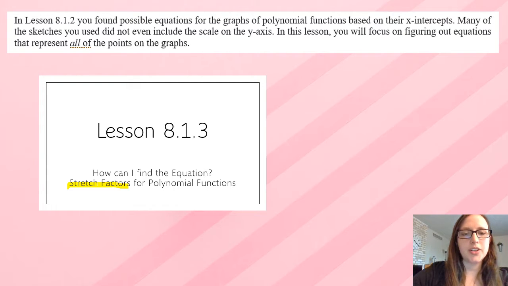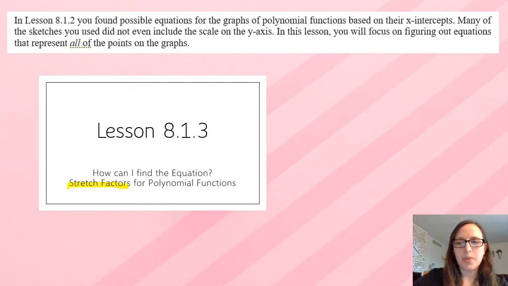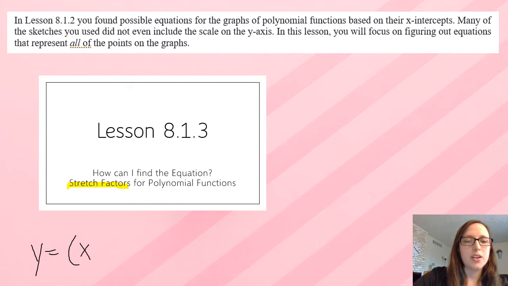All right, so we talked about some stretch factors in that last lesson, but what we've mostly been talking about is just finding the equation based off of the x-intercepts. So that would be like if we had y equals x plus 3 times, let's say, x minus 7 squared.